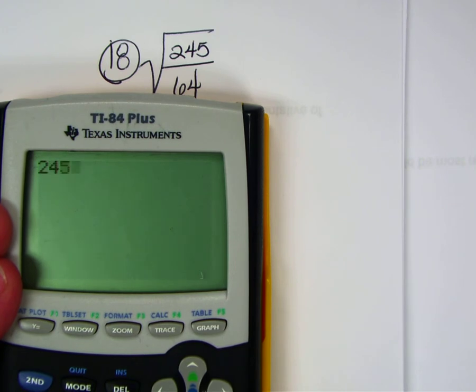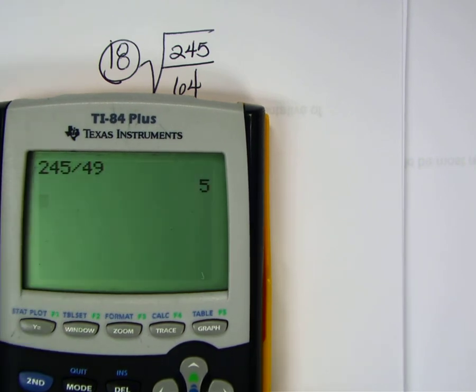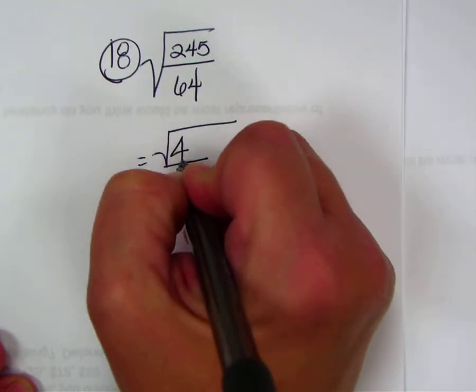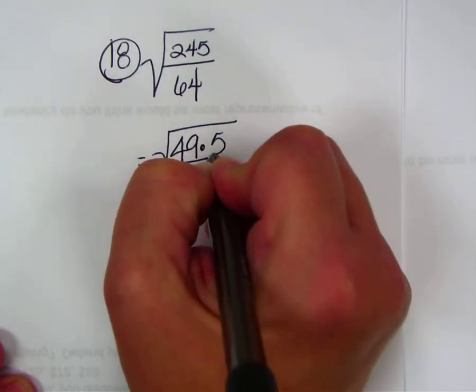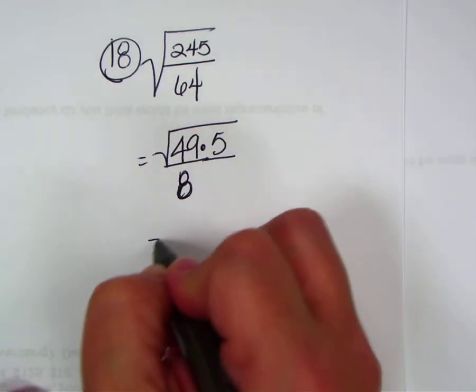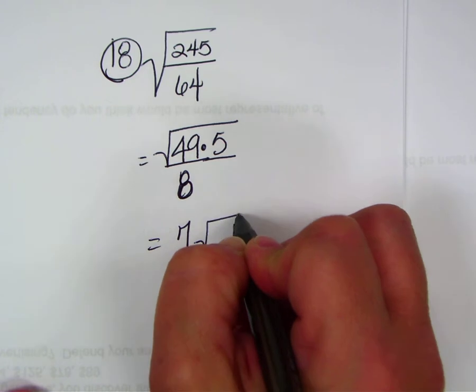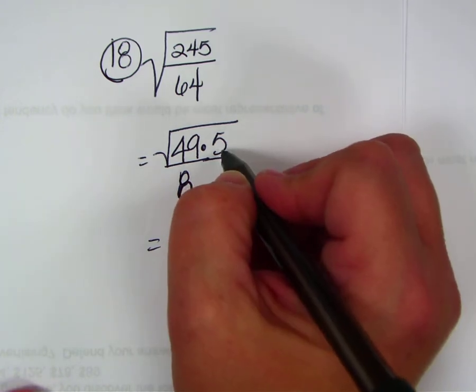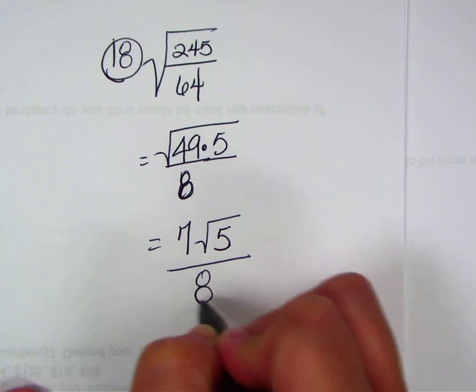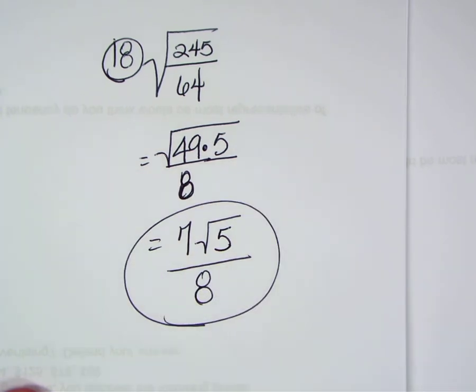So, 245 divided by 49. Yeah, it'll go 5 times. So the square root of 49 times 5. Now what is the square root of 49? 7. 5 is not a perfect square and it doesn't contain one, so it stays under there. And then it's over 8. Boom.